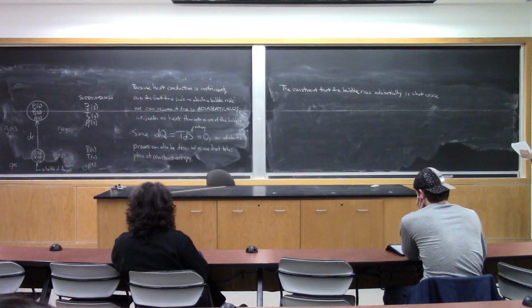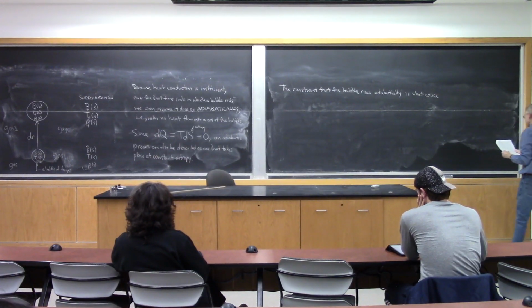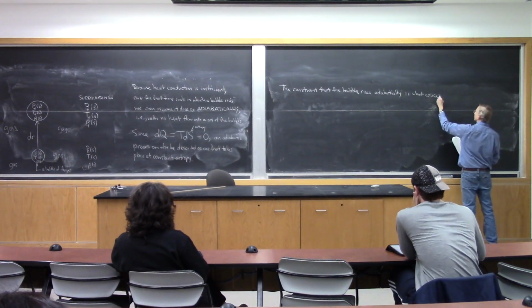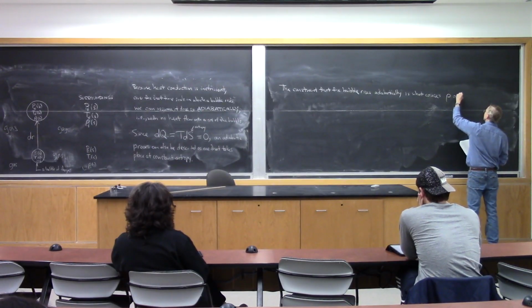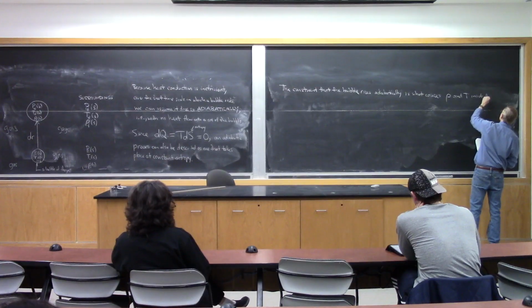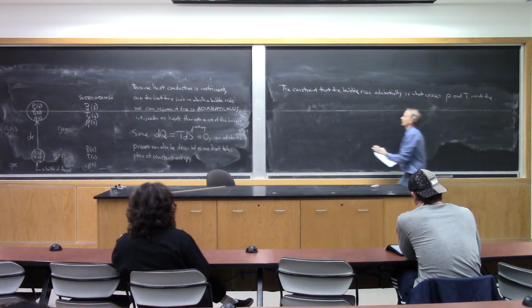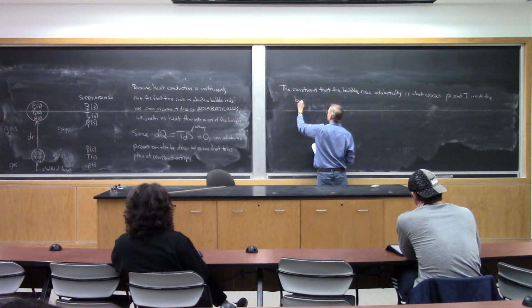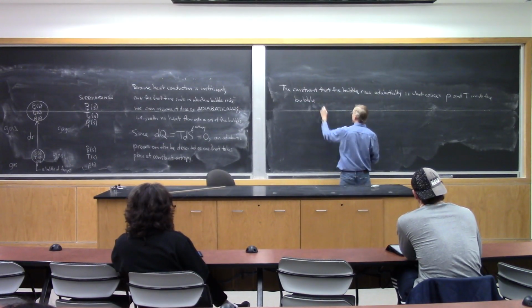The constraint that the bubble rises adiabatically is what causes rho and T inside the bubble to differ from surrounding values.